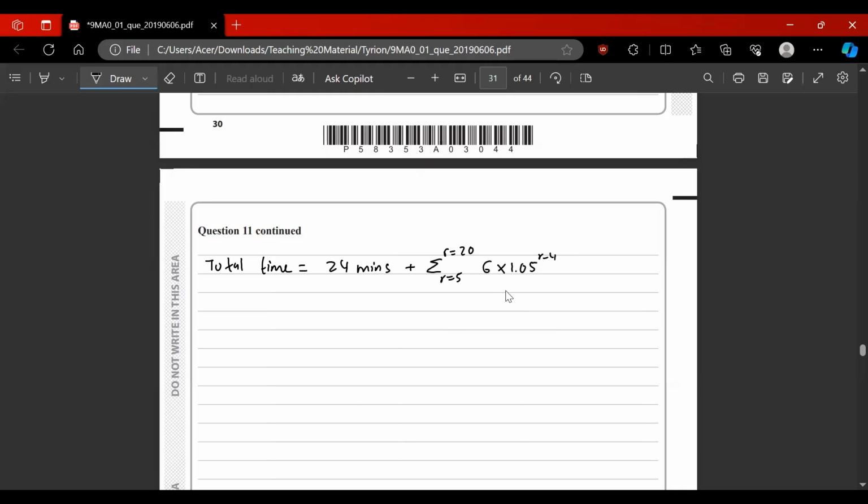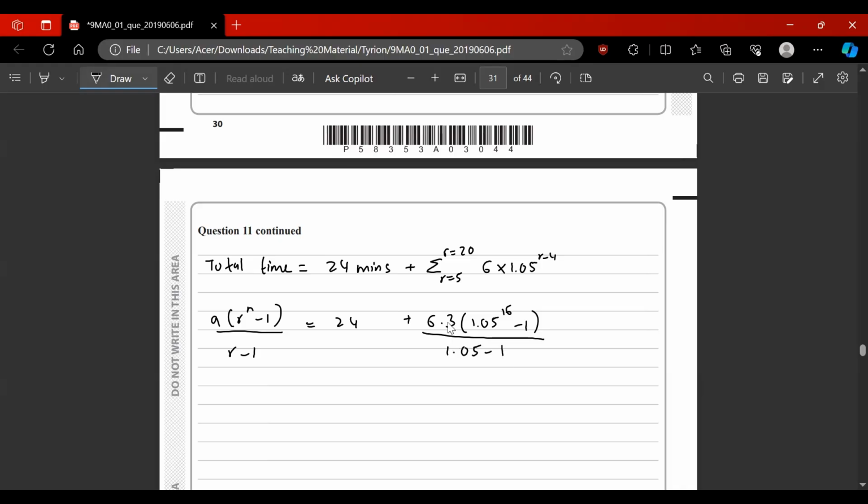So we need to make use of the sum of a geometric progression formula, which is a times r to the power n minus 1 over r minus 1 for this. So we can do this as 24 plus 6.3 times 1.05 to the power 16 minus 1, over 1.05 minus 1.